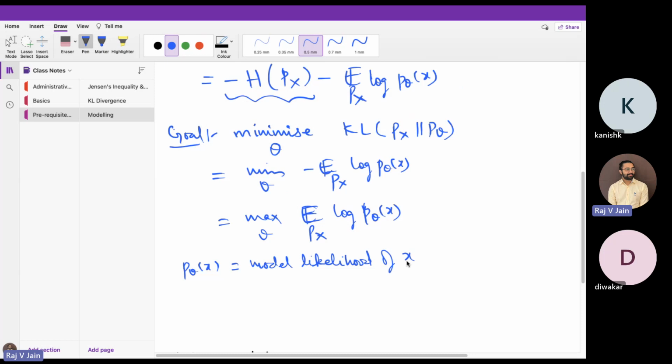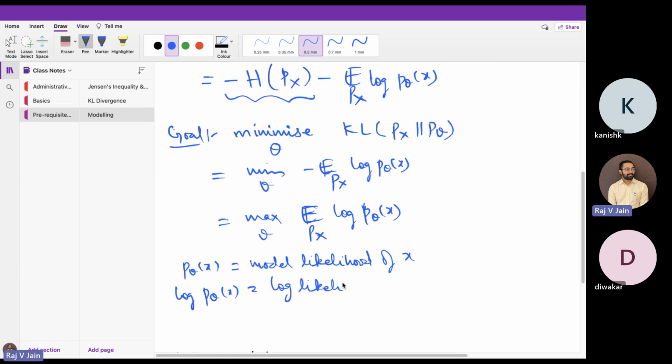It tells you the probability density value for x under the model theta that we have in place. And log p theta is called the log likelihood.